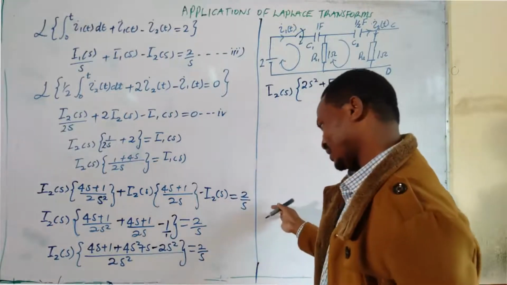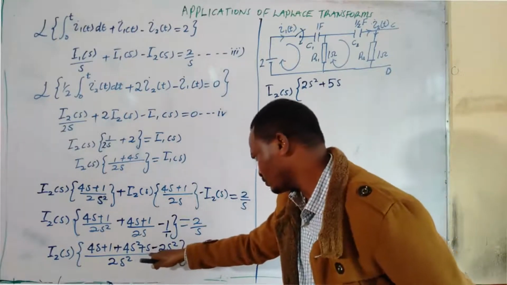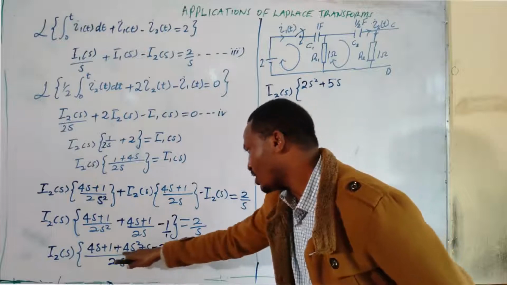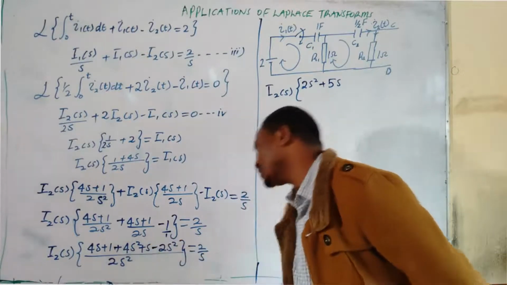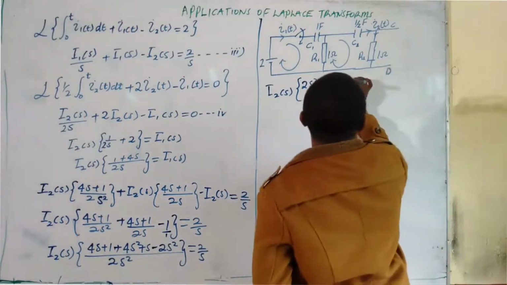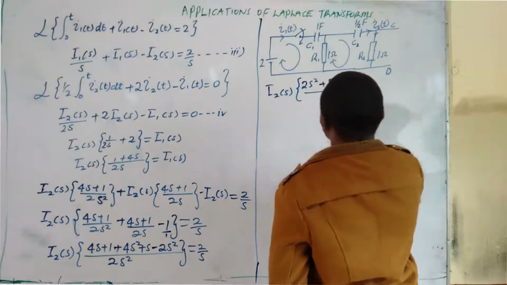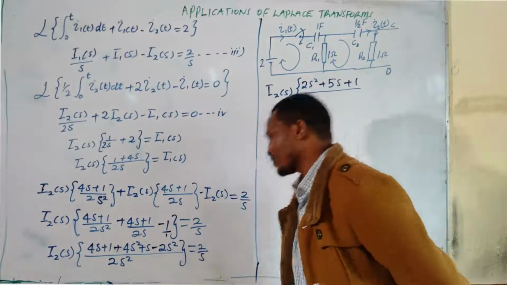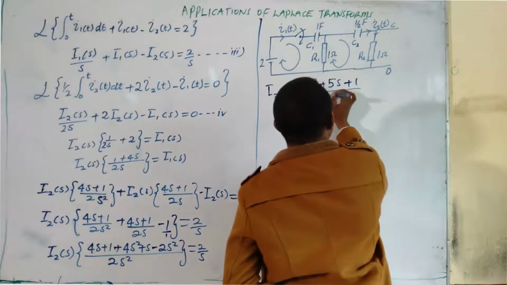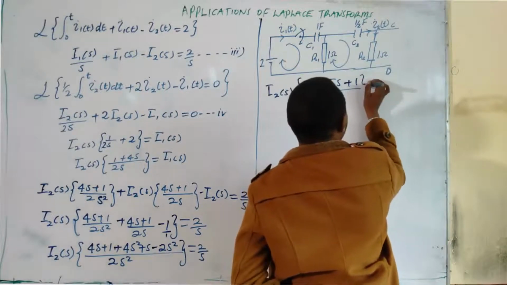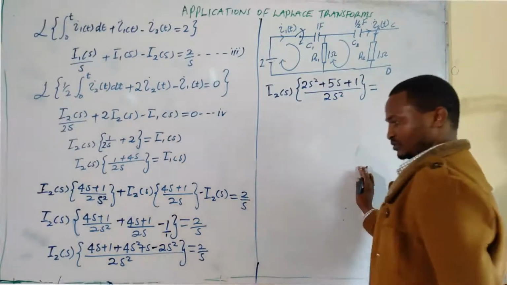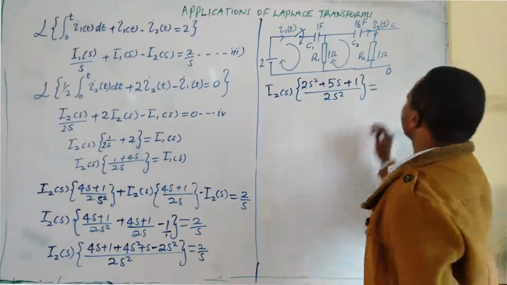And then we have a single constant, which is 1, plus 1 over 2s squared, is now equal to 2 over s.